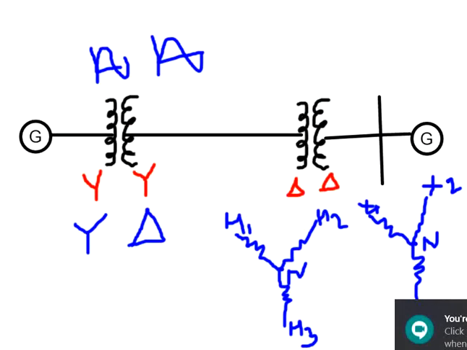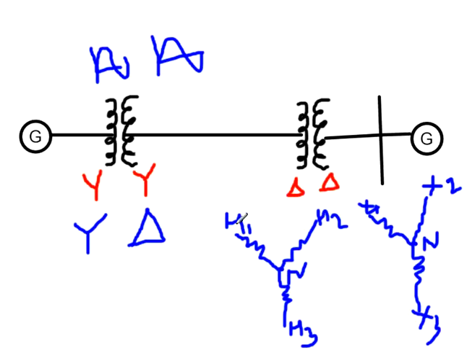So here, when it is a star-star or a delta-delta connected system, the phase voltages, meaning H1 to N, H2 to N and H3 to N, and on the secondary or LT side X1 to N, X2 to N, X3 to N. When you compare H1 to N and X1 to N, they will be in phase.